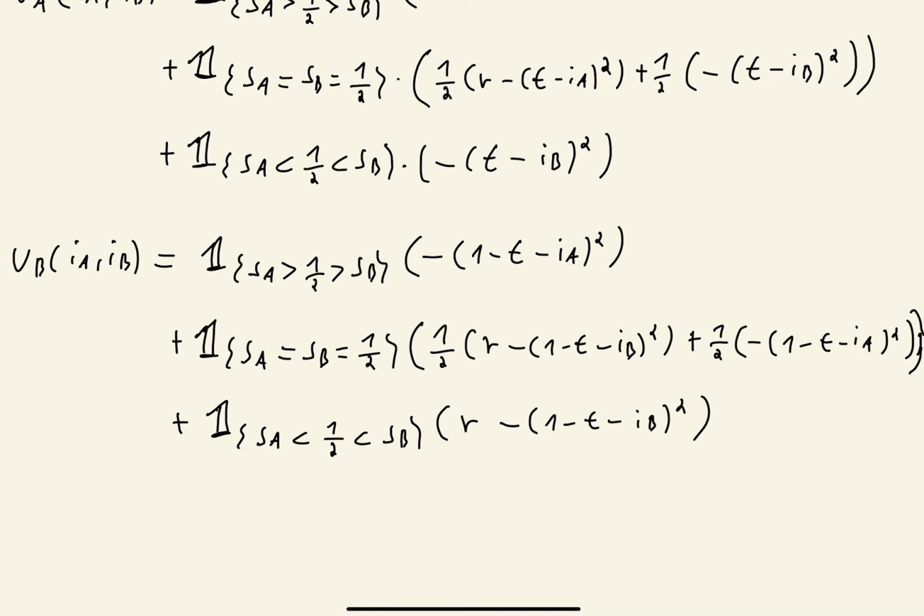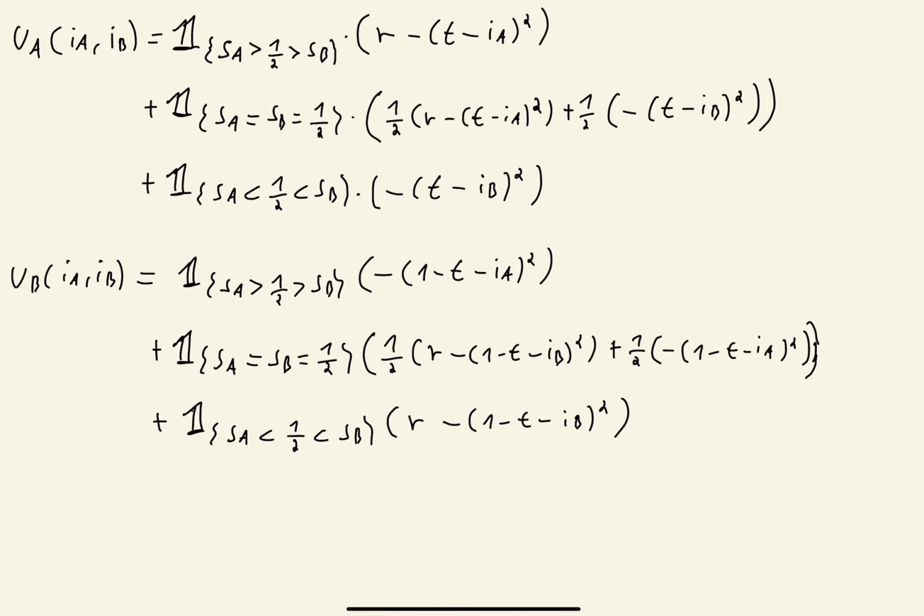Okay, so now we actually have everything prepared such that we can show that the case where both candidates have chosen an ideology of 1/2 is an equilibrium, because in order to show that it is an equilibrium, we need to consider possible deviations from this equilibrium and to show that there are no profitable deviations.